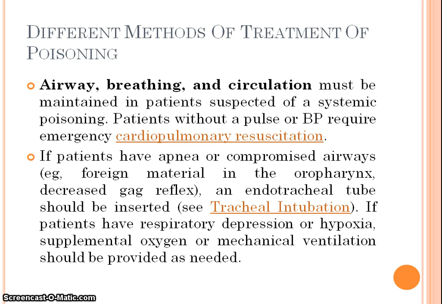If patients have apnea, that is difficulty in breathing, or a compromised airway, for example foreign material in the oropharynx or decreased gag reflex, an endotracheal tube should be inserted. If patients have respiratory depression or hypoxia, supplemental oxygen or mechanical ventilation should be provided as needed.